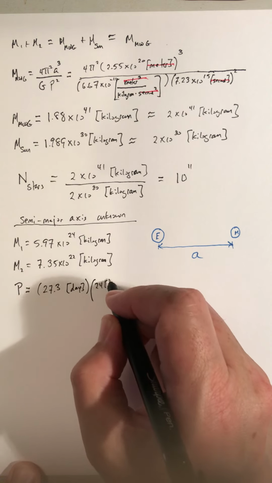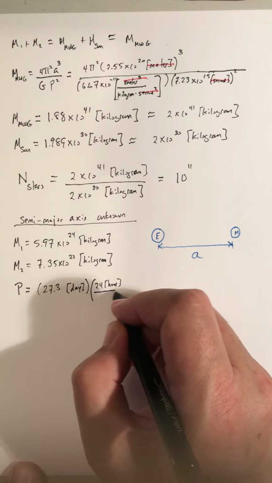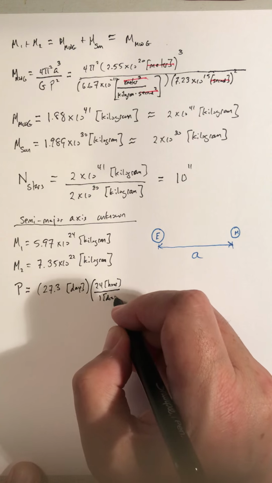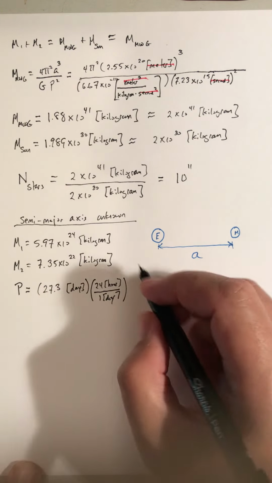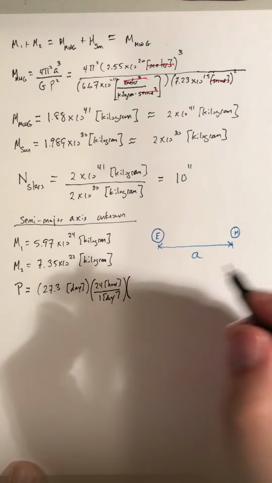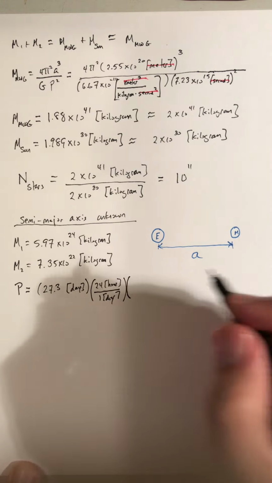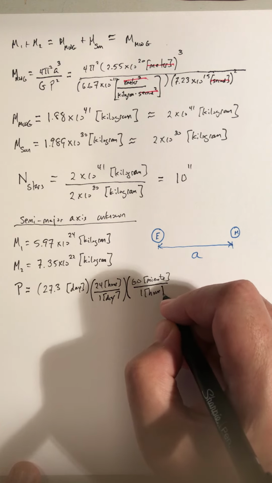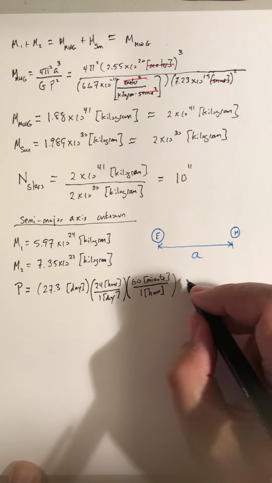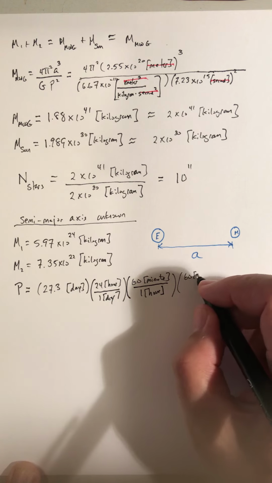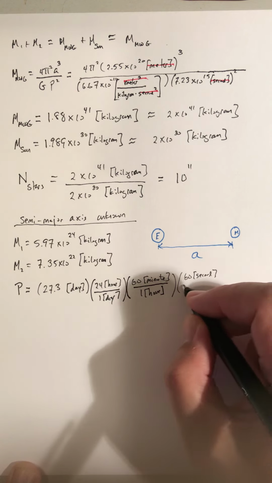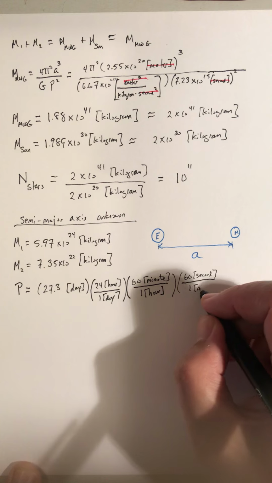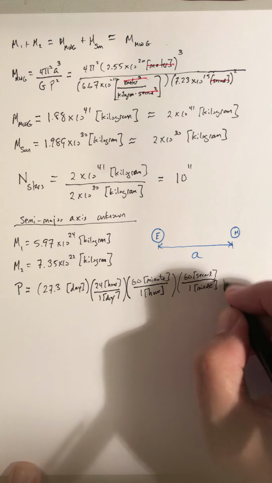There are 24 hours in 1 day. There are 60 minutes in 1 hour. And there are 60 seconds in 1 minute.